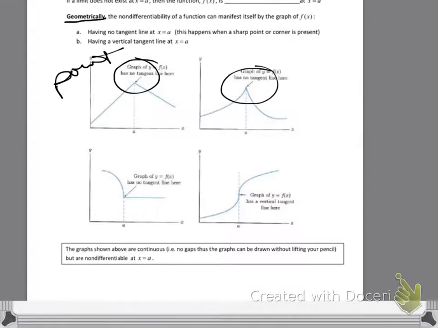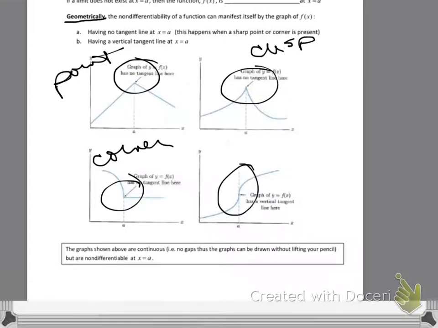Where you have this little shape that looks like the peak of a wave, it's called a cusp. That's considered not differentiable. Where you have a corner, that is not differentiable. And where a tangent line will be a vertical line, that's not differentiable. So these are the geometric exceptions to the rule of differentiability.